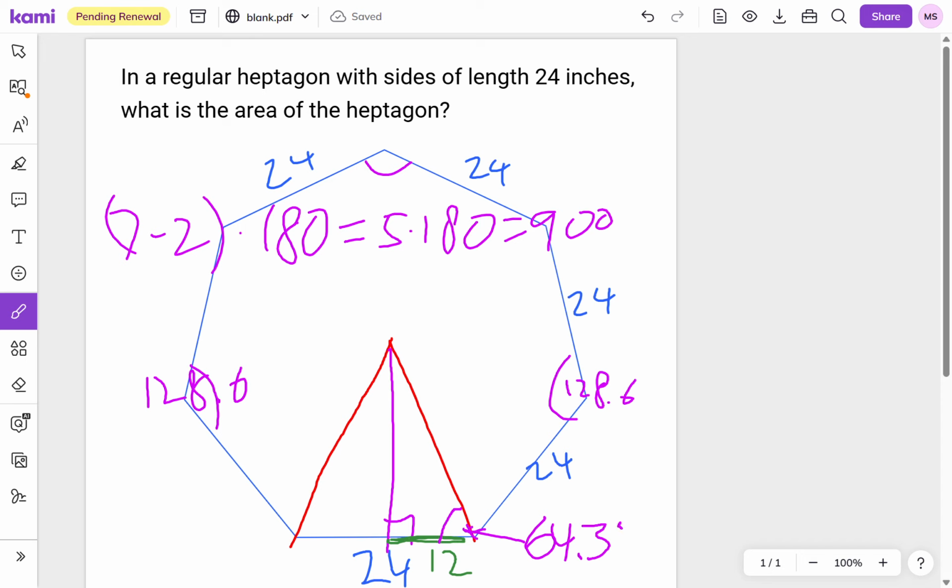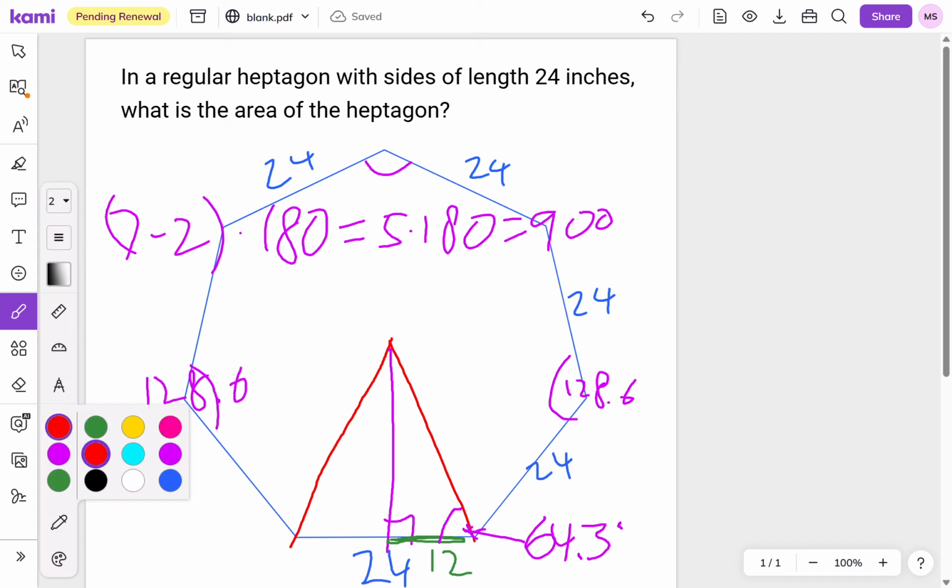And now we use trig to solve for that height. So this height right in the middle, let's make it black. I'll call it h. What is it?